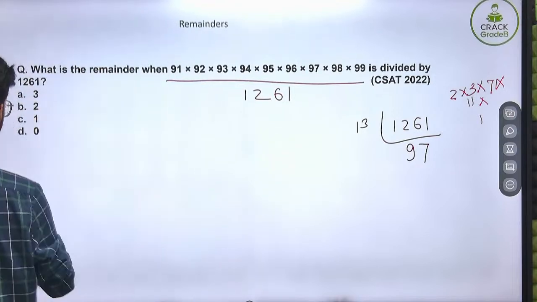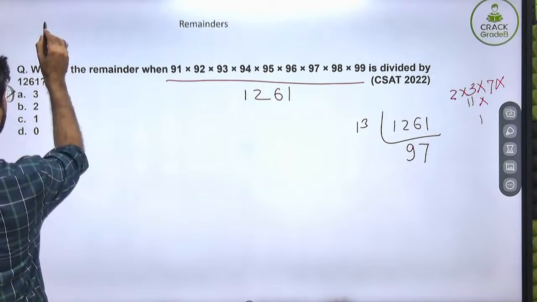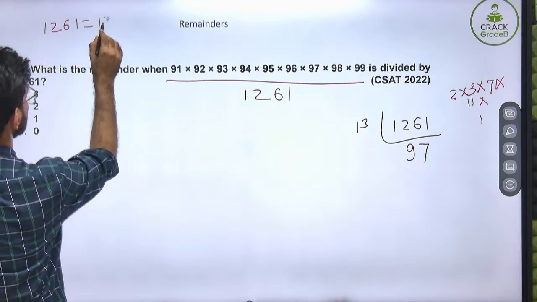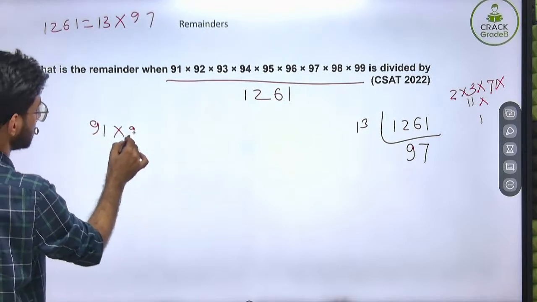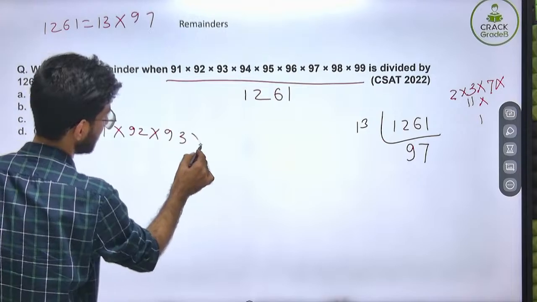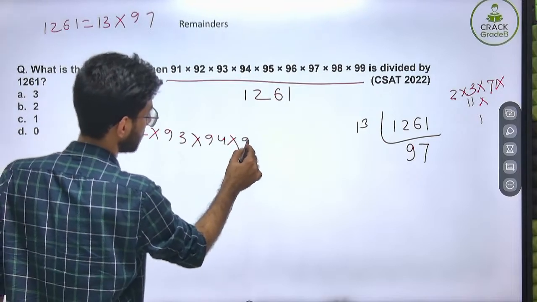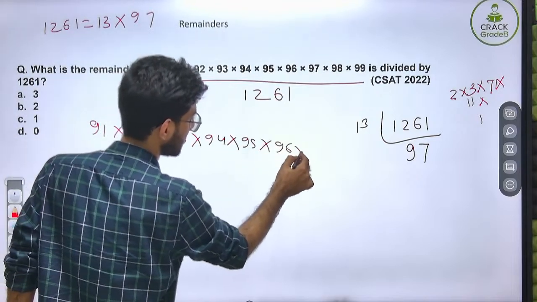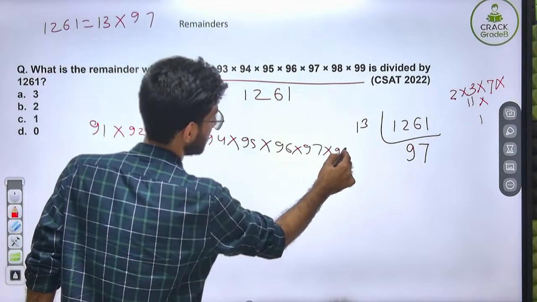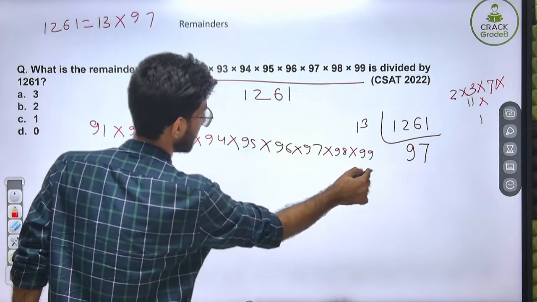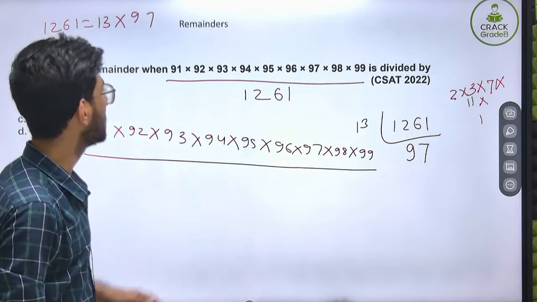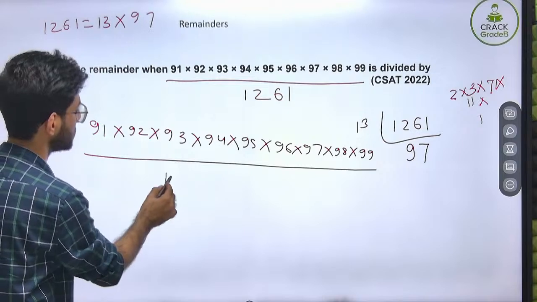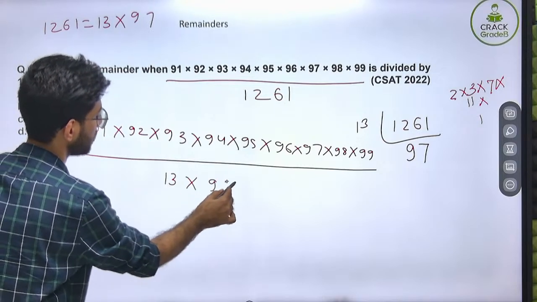See, we know that 1261 is 13 into 97. Let us write it here: 91 into 92 into 93 into 94, 95, 96 into 97 into 98 into 99. You have to divide this number by 1261, and we know that 1261 is 13 into 97.